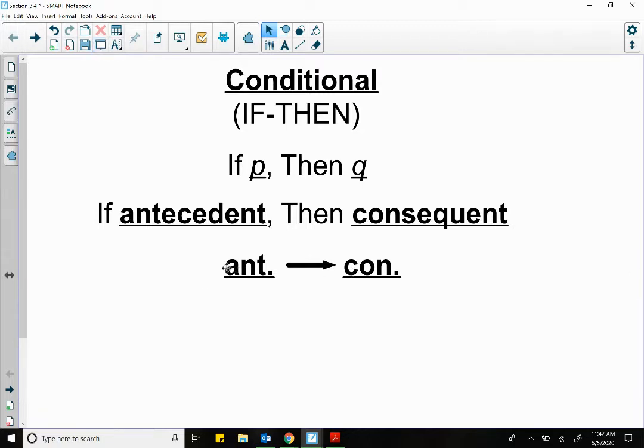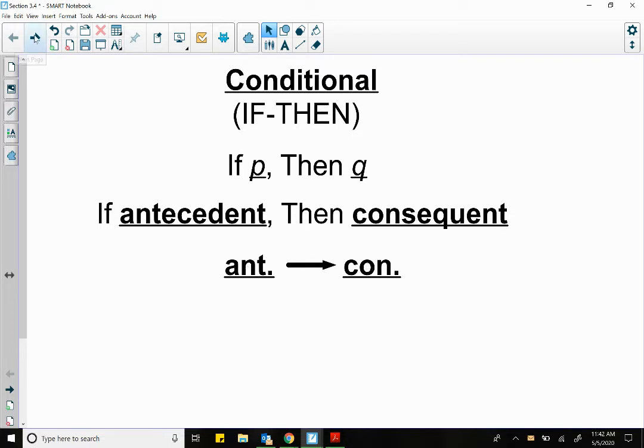And as I said, the antecedent comes before the arrow, the consequent comes after the arrow. Because with conditionals, the order is very important. Okay? So remember, conditionals are only false when the antecedent is true and the consequent is false.